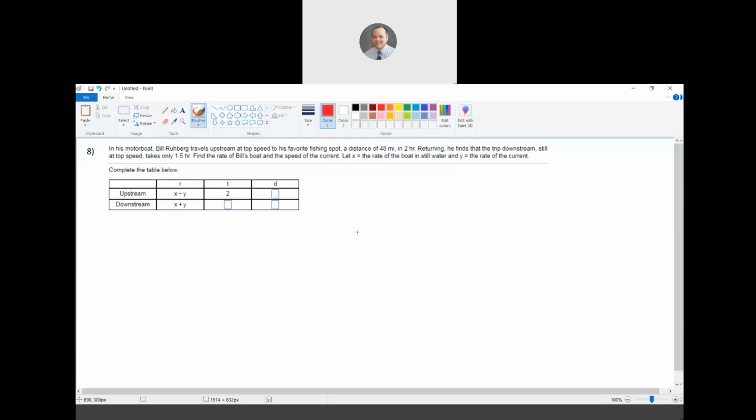Now the distance is 48 for both trips, and the time going downstream is 1.5 hours. Rate times time equals distance is the formula we'll be using to build our system.